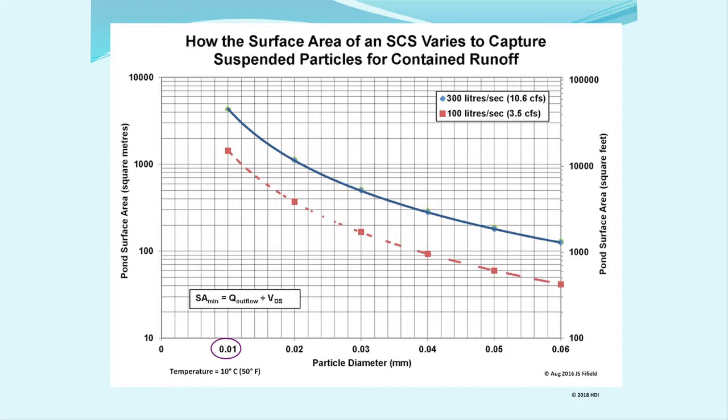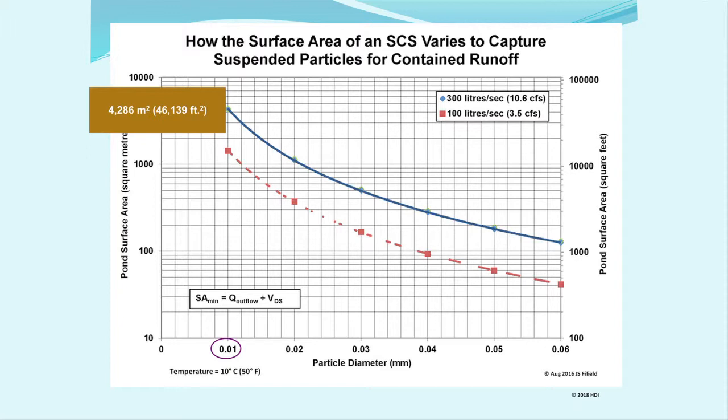There's the key word I'm looking for, flood flow conditions, divided by how fast the particle falls through water, terminal velocity. Well, just to save a little bit of headaches for you, if you were to take that point right there, capturing a 0.01 millimeter size particle, you would need a pond that has a surface area of more than an acre in size.